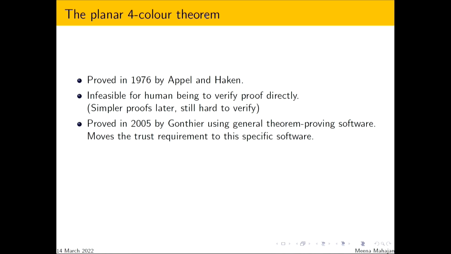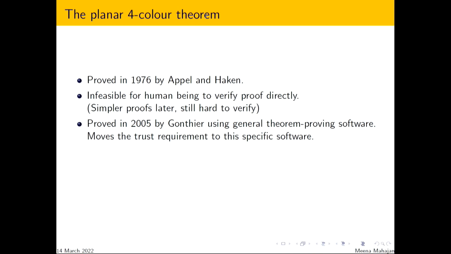So some years later, simpler proofs also came about, but they were also computer-assisted. In particular, there's a proof by Robertson, I think, and some others 20 years later. In 2005, there was a proof by Gonthier using a general theorem proving software. I think he used the so-called proof assistant Coq, and he generated a proof of this theorem.